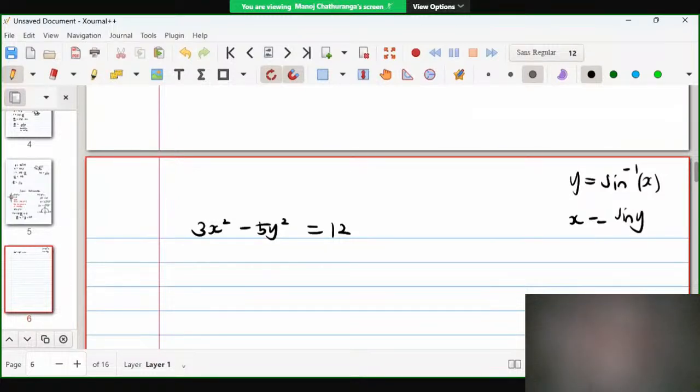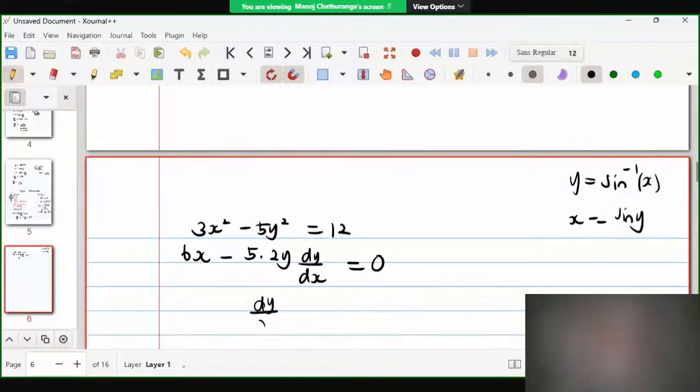Again, we can differentiate as we did in the previous example. Take 3x squared, differentiate it. That should give us 6x. Minus 5 is a constant in front, so keep it that way. Differentiate y squared, so square and then y.